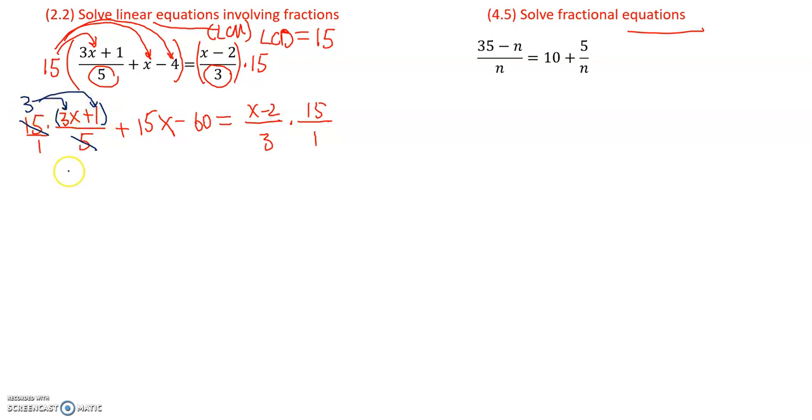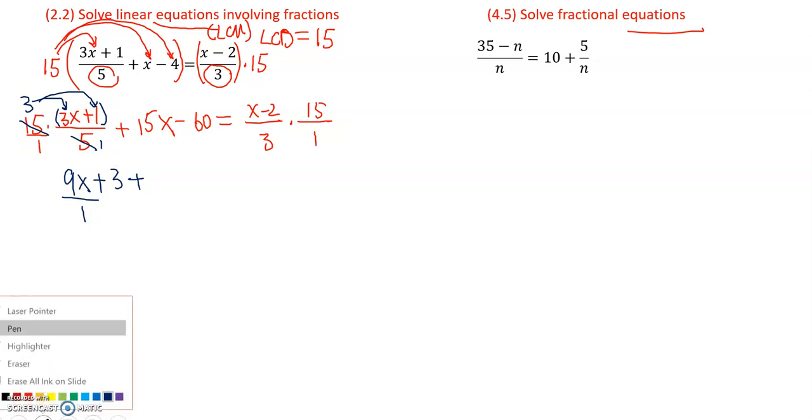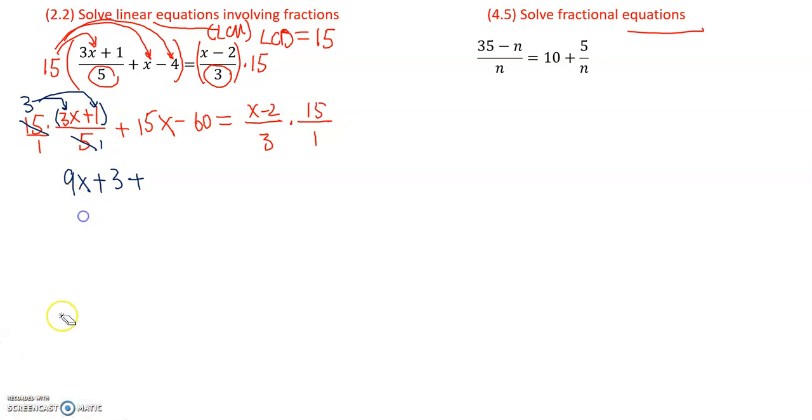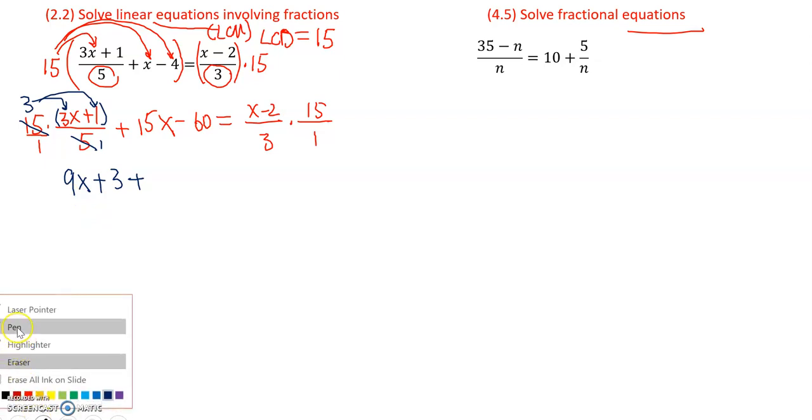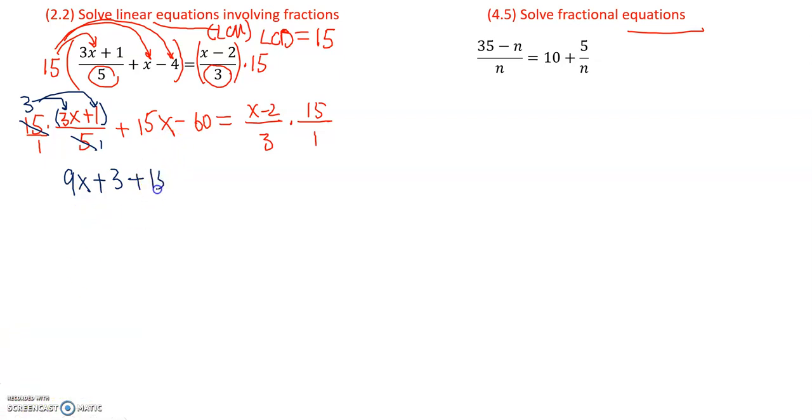So we distribute 3 to 3x, that's 9x, and 3 times positive 1 is positive 3. Notice the bottom 5 is reduced to 1, and 1 times 1 gives us over 1, but anything divided by 1 will be the same. So we can get rid of the denominator 1, and continue to copy 15x minus 60.